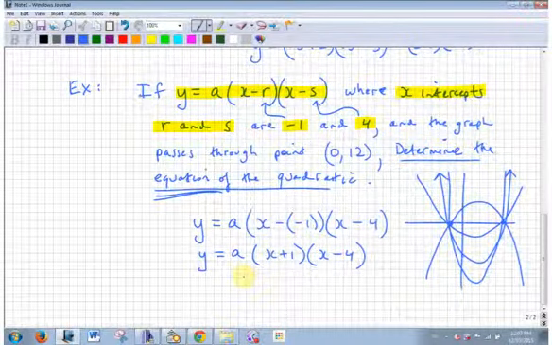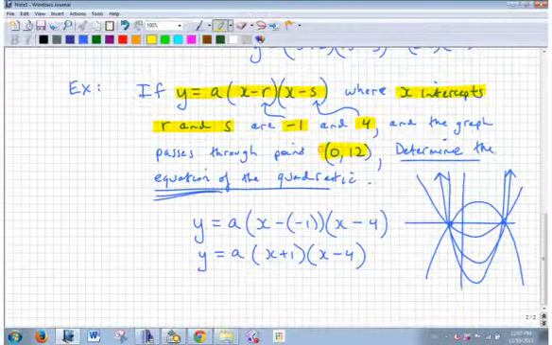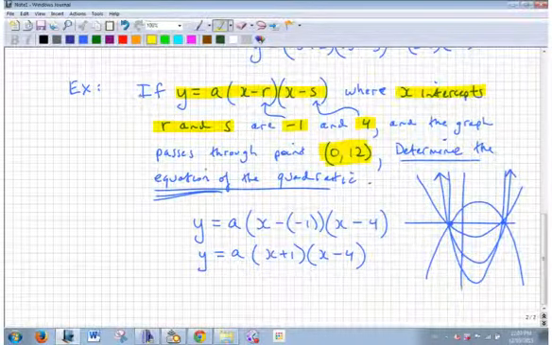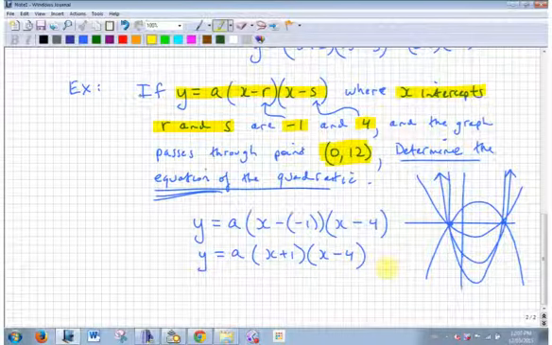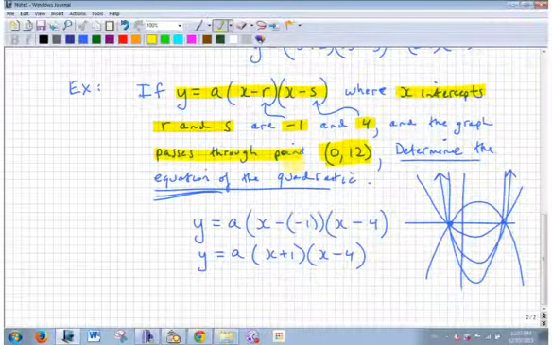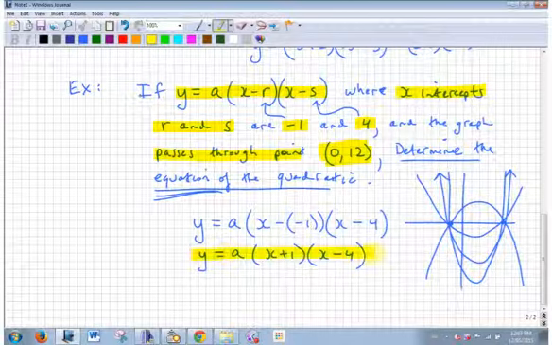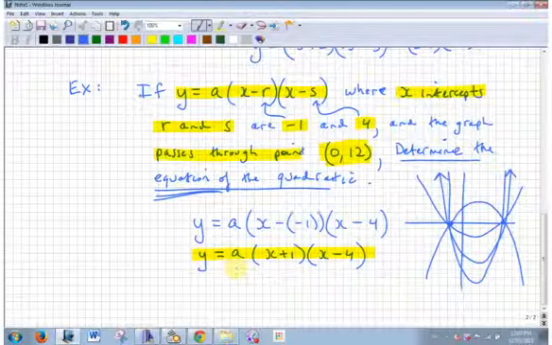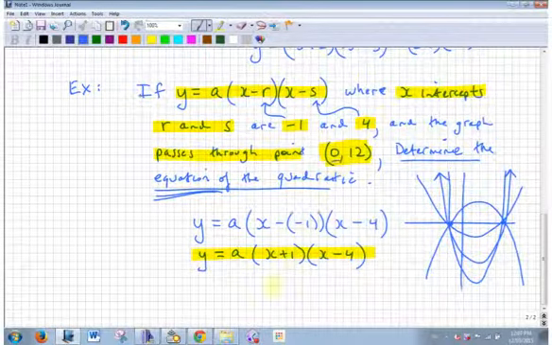How do I find out what A is? Well, why do you think we give you this point? Is that a point on this parabola? It tells you it passes through that point. It's got to work in this equation, which means now I'm going to substitute that point in here and solve it for A. X is 0.